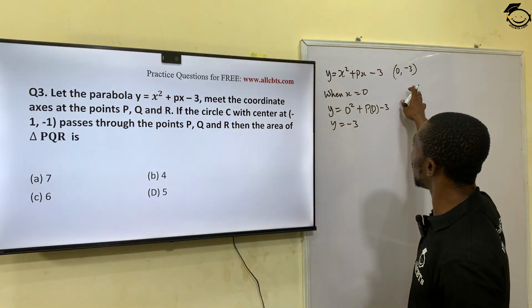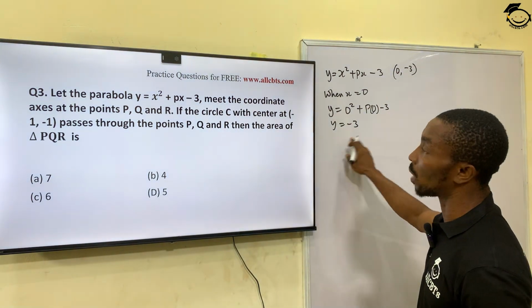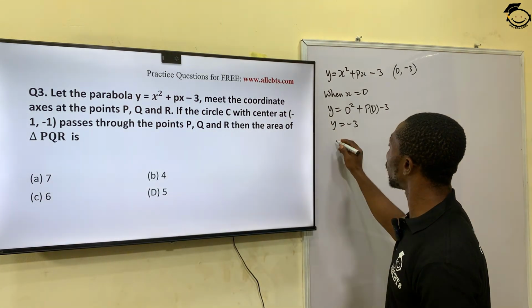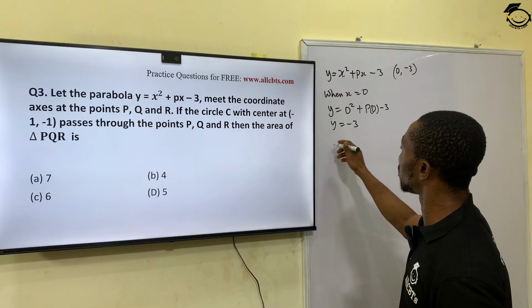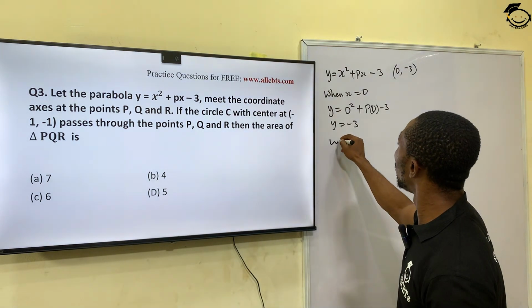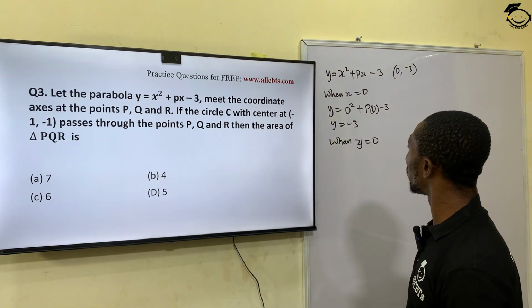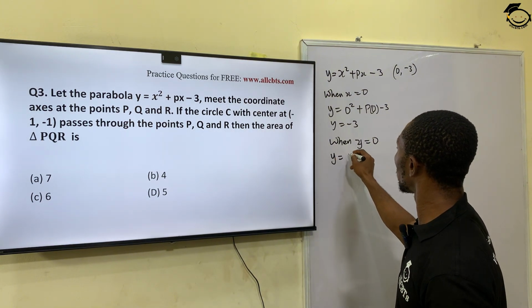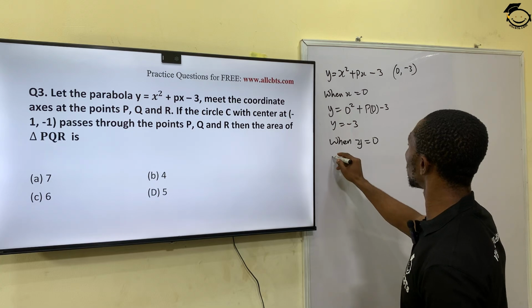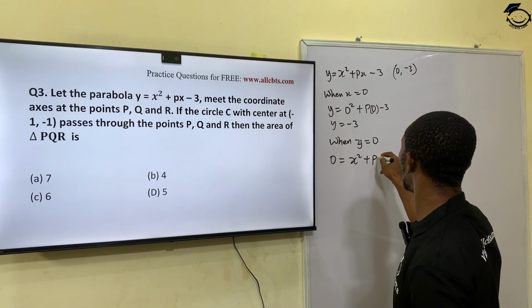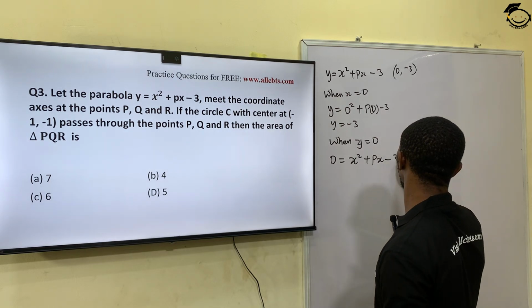And if point P is at the y-axis, that means Q and R are on the x-axis. So for us to calculate those on the x-axis, we have to find when y equals 0. Now, if y equals 0, this becomes 0 equals x squared plus px minus 3.